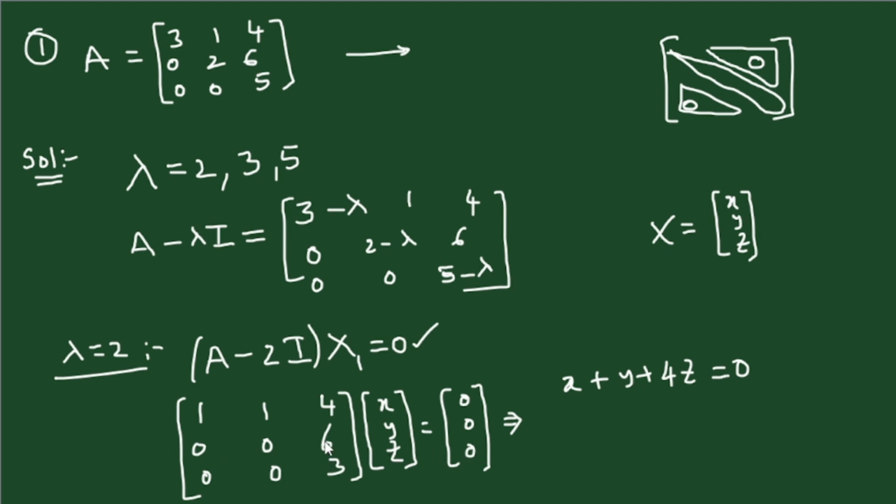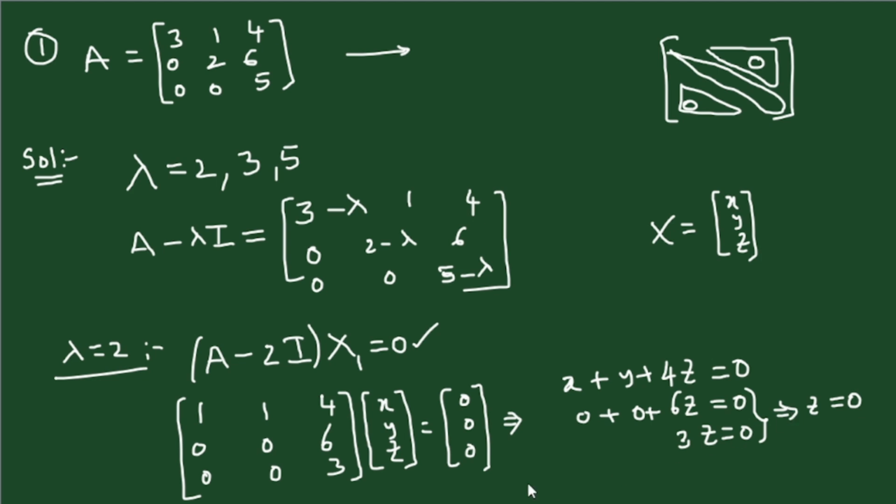Coming to the second equation, 0 into x plus 0 into y plus 6 into z, 6z equal to 0. The third one also the same thing, 3z equal to 0. Whether it is 6z equal to 0 or 3z equal to 0, we get z equal to 0 only.